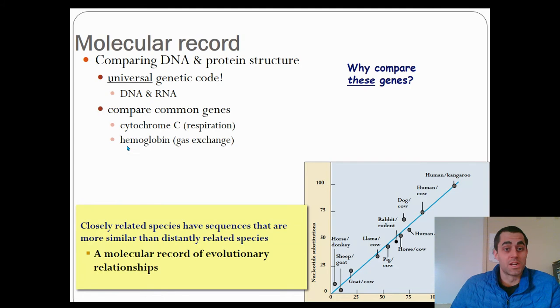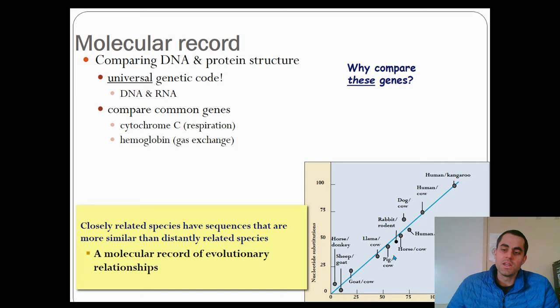Most organisms have hemoglobin. That is the protein that helps bind to oxygen in the blood. And cytochrome C is used in cellular respiration. So these are two essential activities that most organisms can do. And if you look down here, we see the number of nucleotide substitutions. So that means the number of mutations in their sequence of hemoglobin.